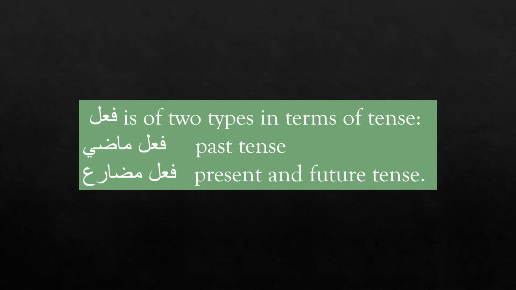We have started these two already: past tense and the present and future tense. Past tense is فعل ماضي, and the present and future tense is the فعل مضارع.